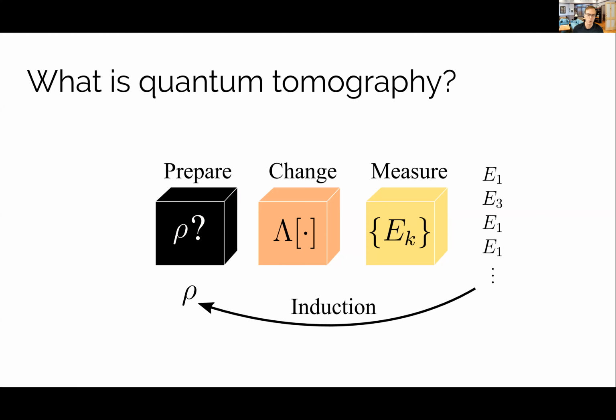What is the quantum state I should associate to that preparation procedure? And there's no unique answer because quantum physics is a probabilistic theory, so there are many rho, quantum states, that could potentially give those outcomes. All that has to happen is that those outcomes are possible, right?